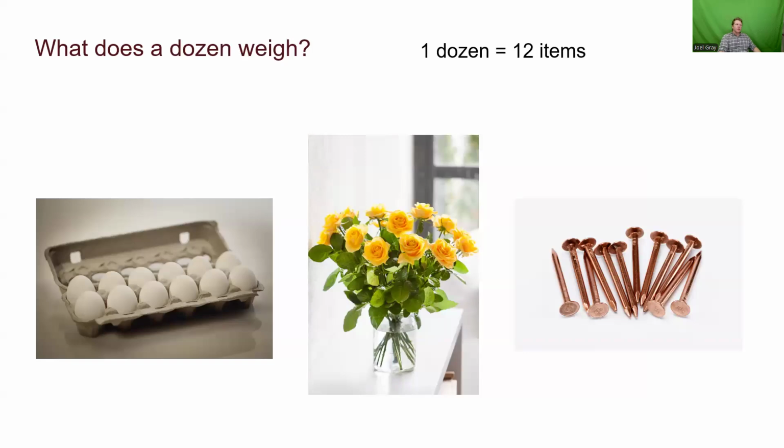Now, when we talk about moles, it's very common and important to think about the mass of a mole. So 1 dozen of something is 12 items. Let's think about a dozen eggs, and I'm going to throw a little bit of a curveball at you. 12 eggs and 12 elephants.